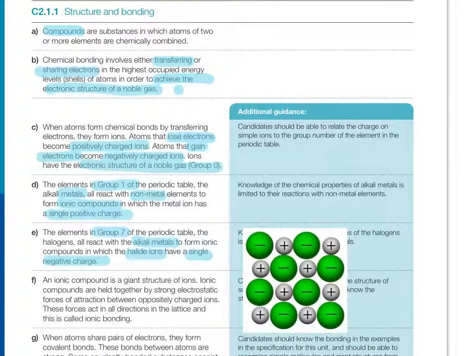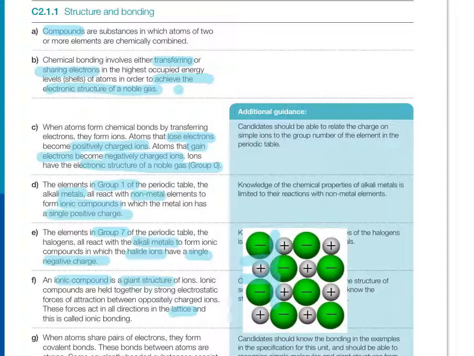We've mentioned that when your ions are formed, some are going to be positive, some are going to be negative, and the positive ones are going to be attracted to the oppositely charged negative ones and vice versa. And that means that in an ionic compound, you make something called a giant structure, a giant lattice made up of ions. And they're held together because of these attractions between the positive and negative ions.